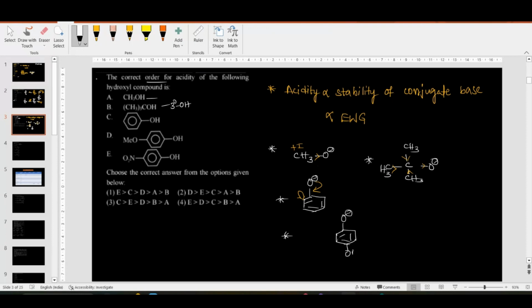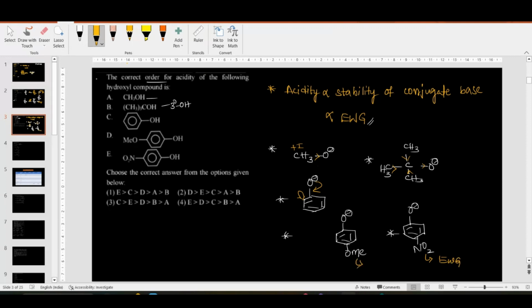Here they have given OMe, and one more. I have told you, right, electron withdrawing groups increase the acidity. So here we have an electron withdrawing group, and here it is an electron donating group, right?